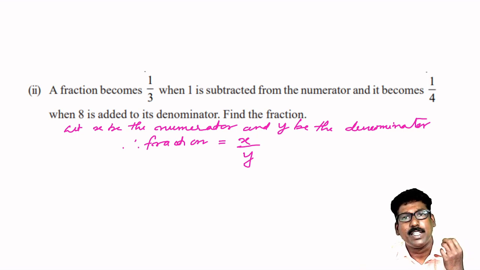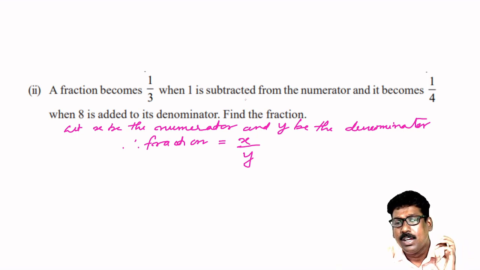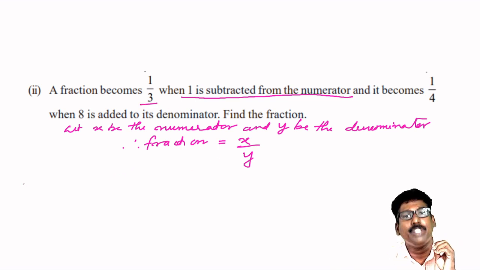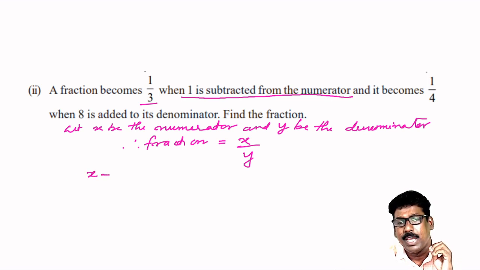What is the first condition? According to the first condition, when 1 is subtracted from the numerator, the fraction becomes 1 by 3. Here the numerator we took as x. So you can write x minus 1 by y, no change in y, which is equal to 1 by 3.